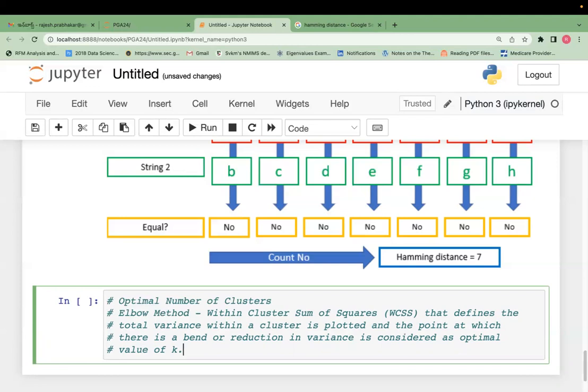Within cluster sum of squares, which is nothing but the variance between the centroid and the observations, is calculated and plotted.